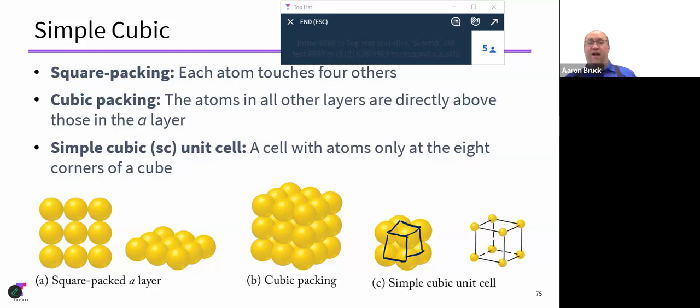Every atom touches 4 other atoms. So we've got a coordination number of 4. Relatively straightforward, the model here.